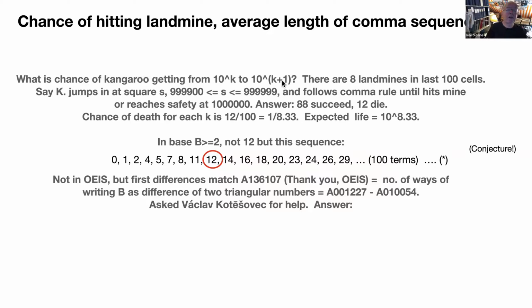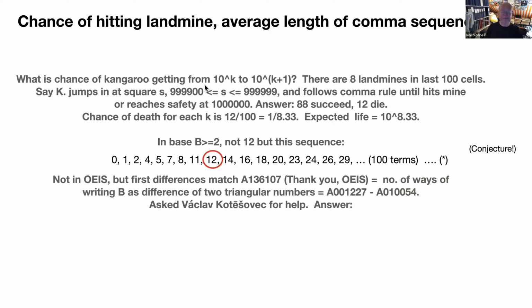So once it starts, it'll very easily get to 999900 if k is 5. And then from then on, it's in danger. It may or may not hit a landmine. So the calculation, what we did was we said, okay, let's suppose it lands.